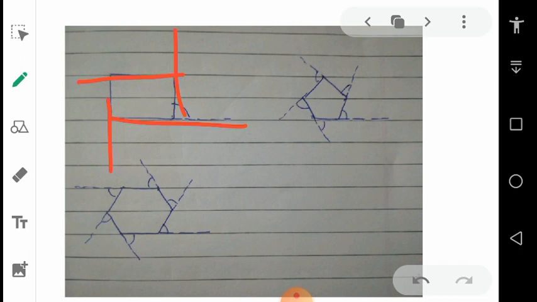As you can see there are five sides, so five exterior angles are constructed. In the third figure, which is the hexagon, all six sides are extended, and hence six exterior angles are constructed. For any given geometrical shape you can extend the sides and obtain the exterior angles.